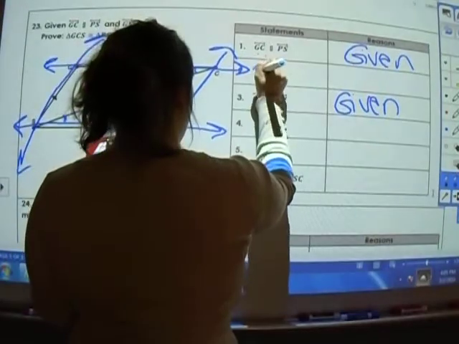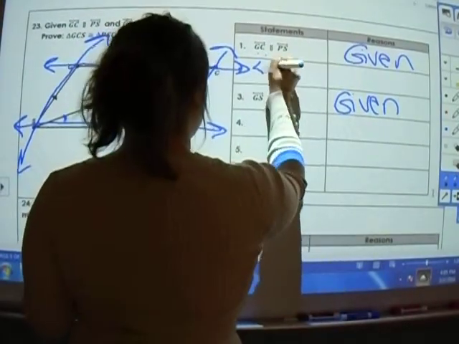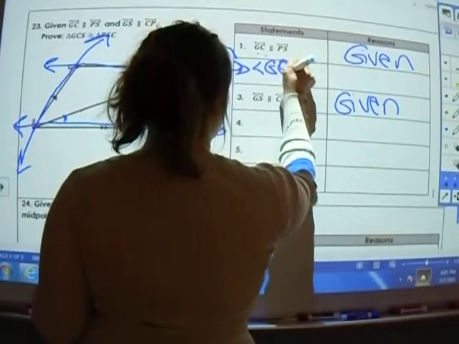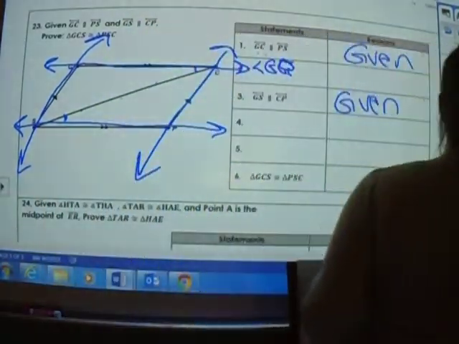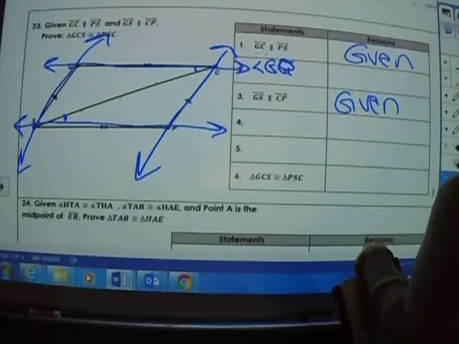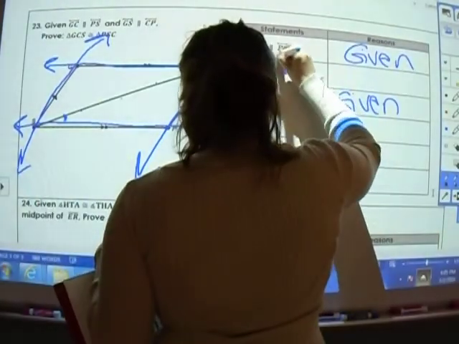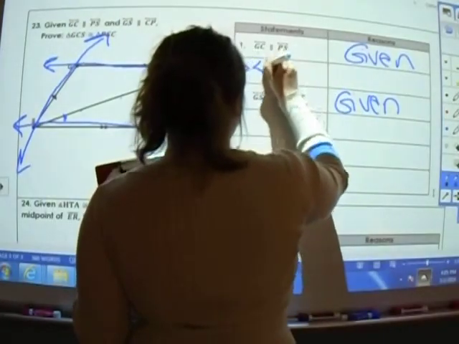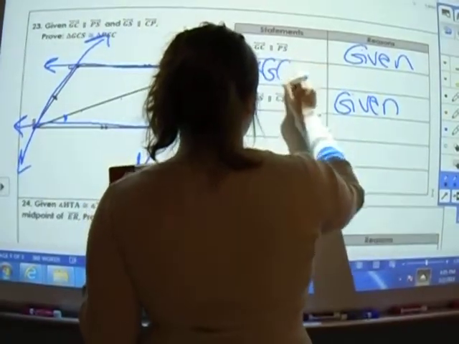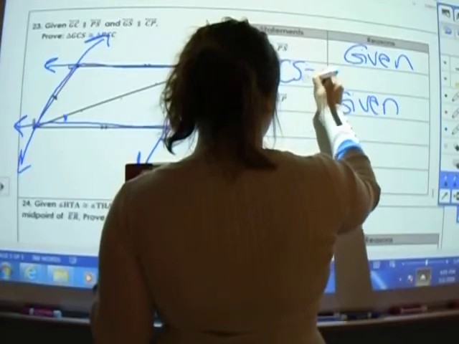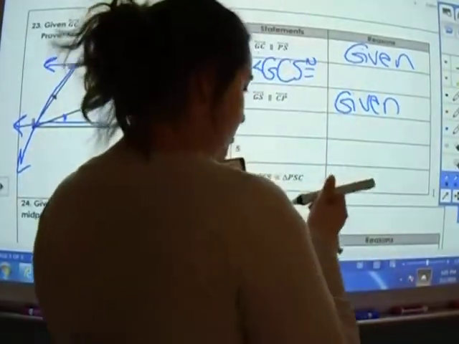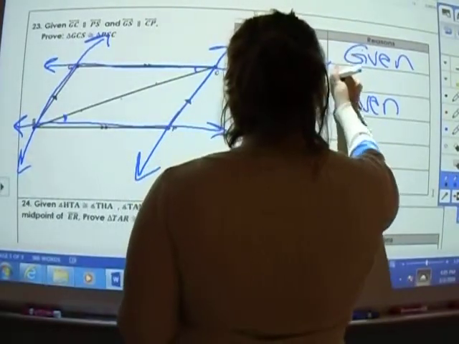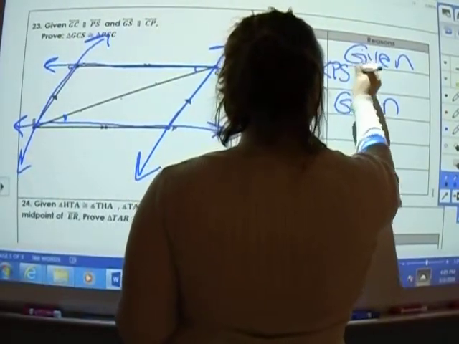So we have angle GCS is congruent to angle PSC, right?